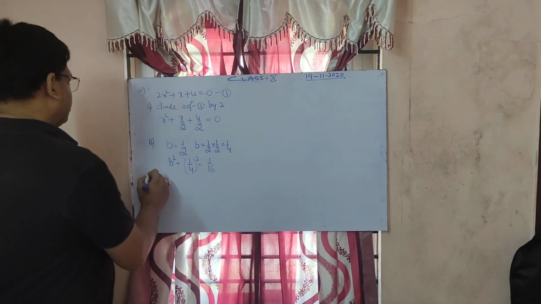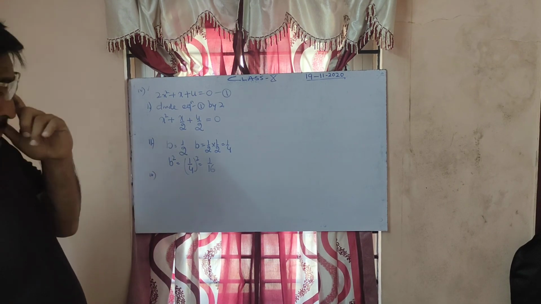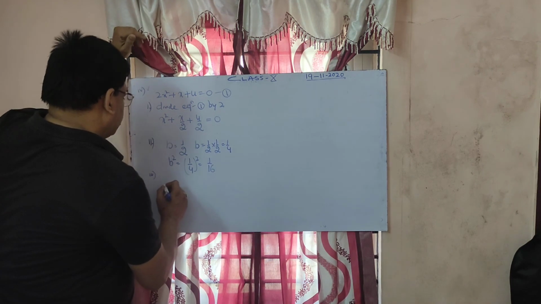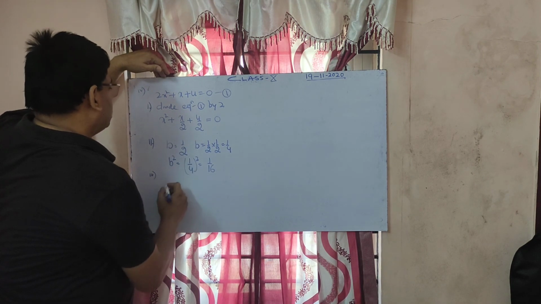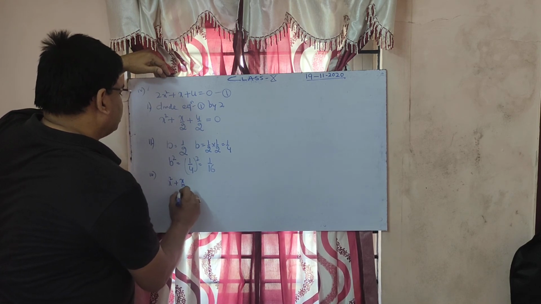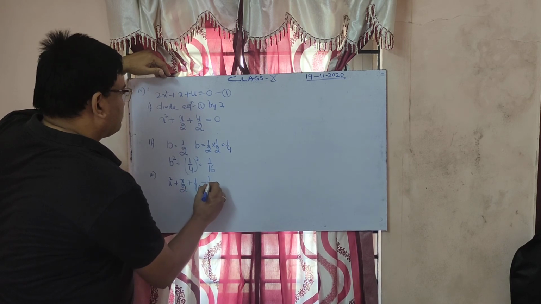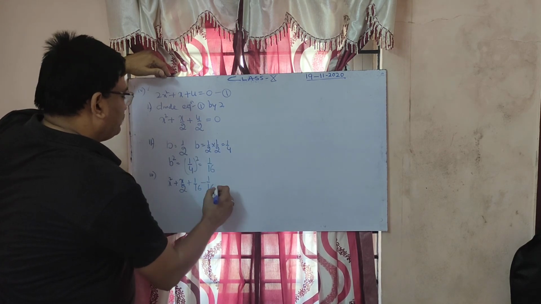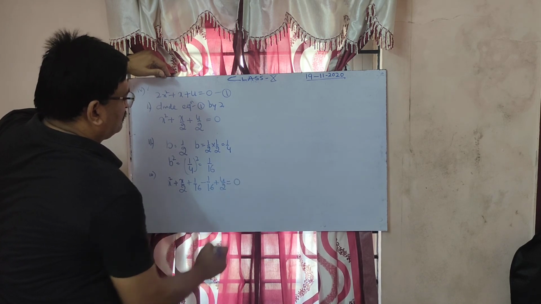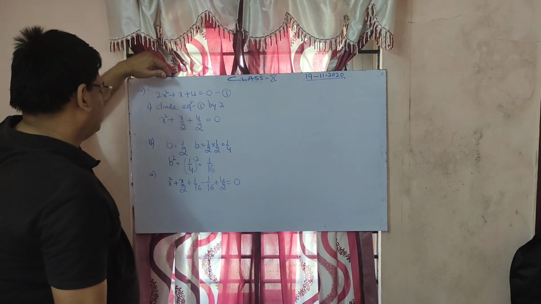So what is the third step? Add and subtract 1 upon 16 both sides. Third step: now x square plus x upon 2 as it is, plus 1 upon 16 minus 1 upon 16 plus 4 upon 2, that is equal to 0.